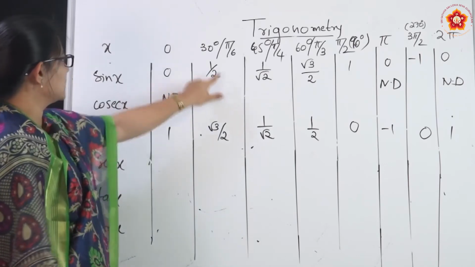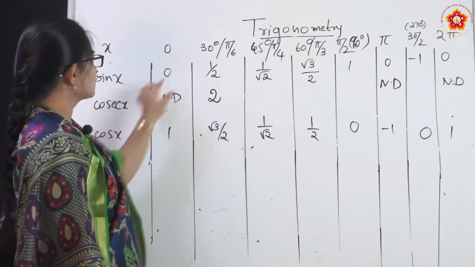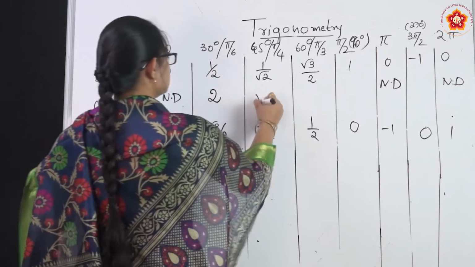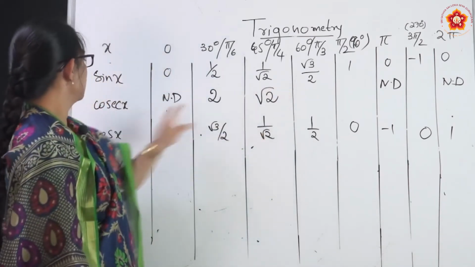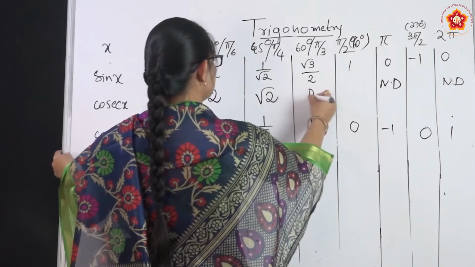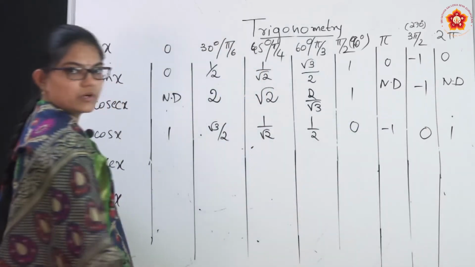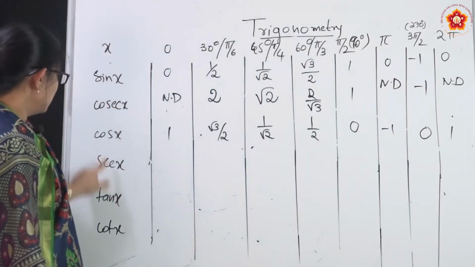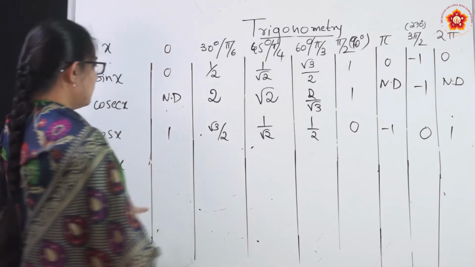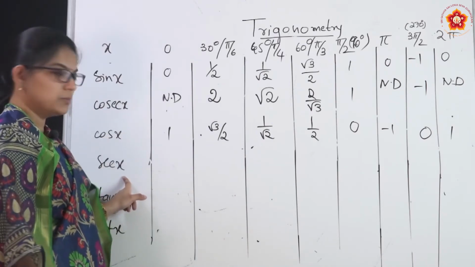Next, what is the reciprocal of 1 by 2? So 2, right. So cosecant of pi by 6 is 2. Next, root 2 is the cosecant value for pi by 4. Next, 2 by root 3, here it is 1, here it is minus 1, correct. Next, the reciprocal of cos x, that is secant x. Where cos x is 0, there you will get secant x not defined.